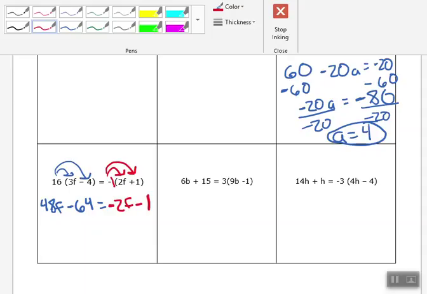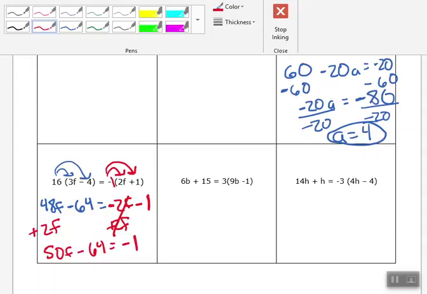Okay, so now I have a decision to make. I need to isolate the f, which means I need to get the f on one side of the equation. And for me, I think it's going to be easy to go ahead and add 2f to both sides. If I add 2f here and I add 2f here, I'm going to get 50f minus 64 equals negative 1.